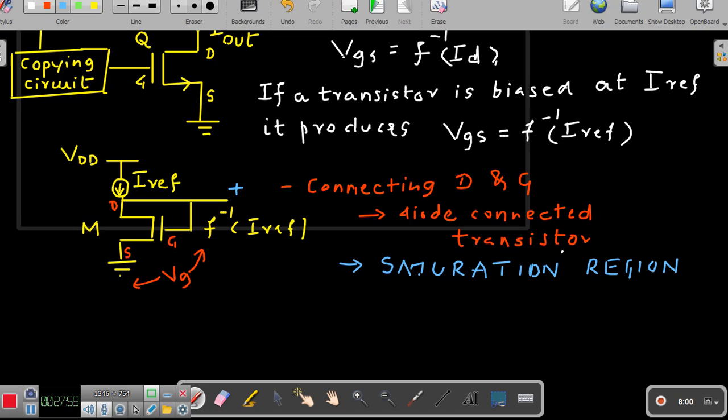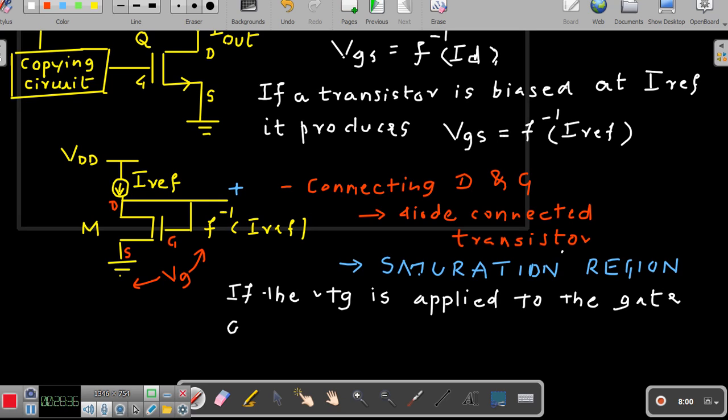If this voltage is applied to the gate and source of the second MOSFET, let me draw that because we started from that very diagram.